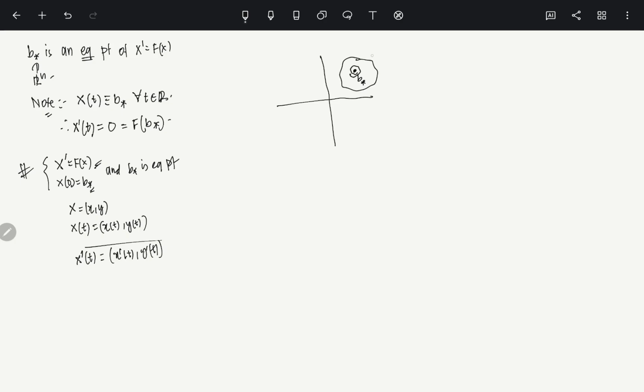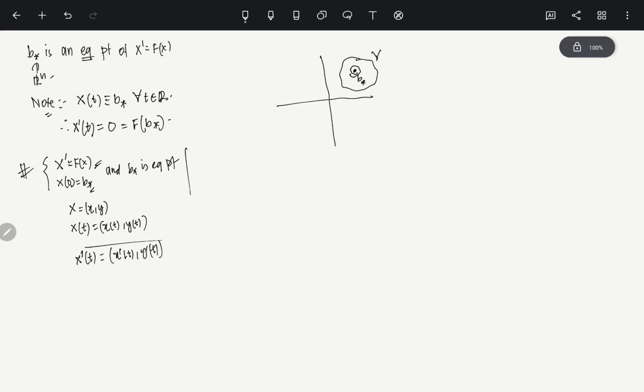So there is a neighborhood of B star, let's say V, where the solution will always be contained. Is it okay? It cannot go out of our neighborhood. So basically there will be a neighborhood where you can contain the whole trajectory of the solution.